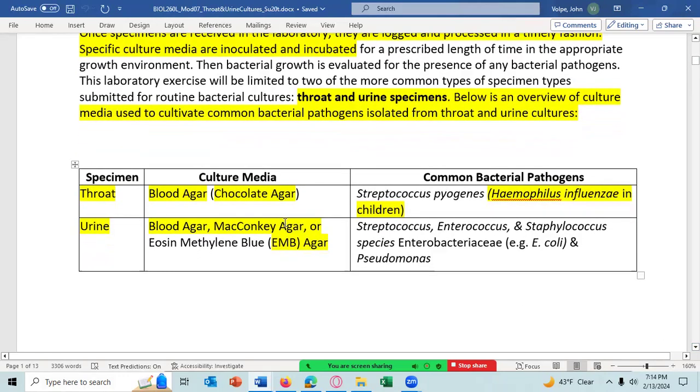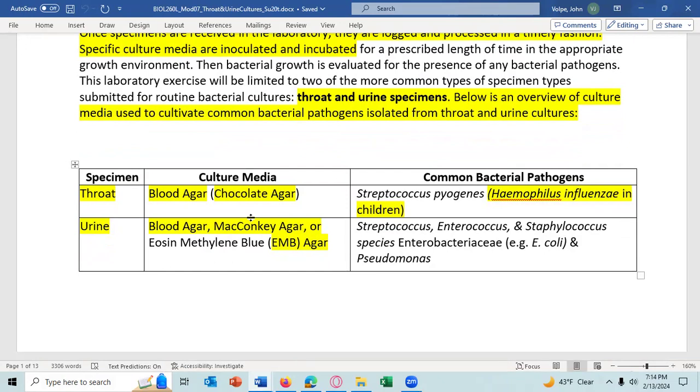For throat cultures, we really only have 2 media that we use to cultivate common throat pathogens. The number 1 most common throat pathogen is Streptococcus pyogenes, and it is the organism that causes strep throat.